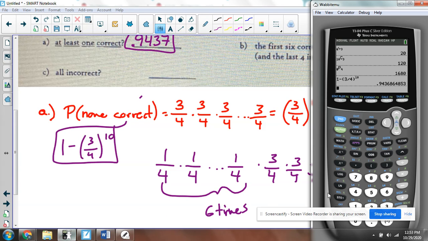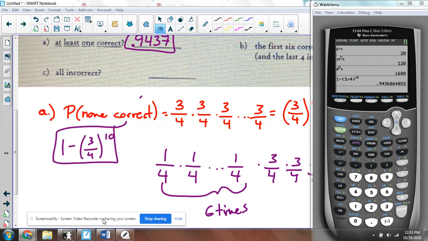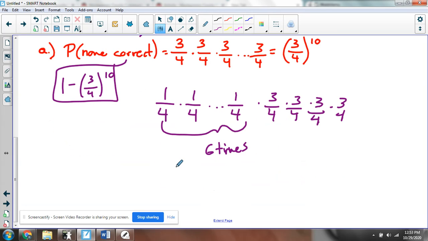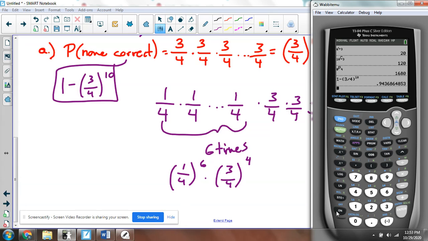So it's going to be 1/4 to the 6th times 3/4 to the 4th.